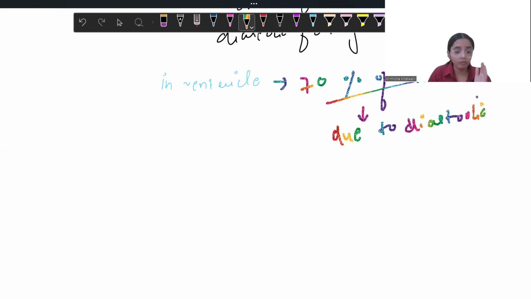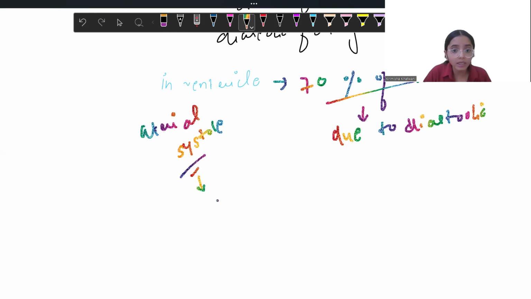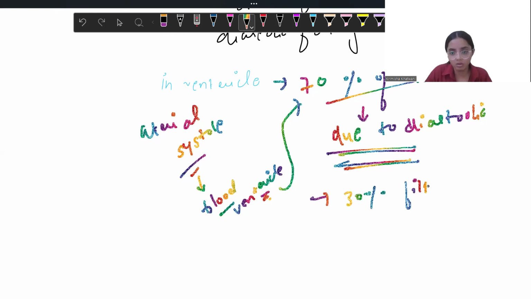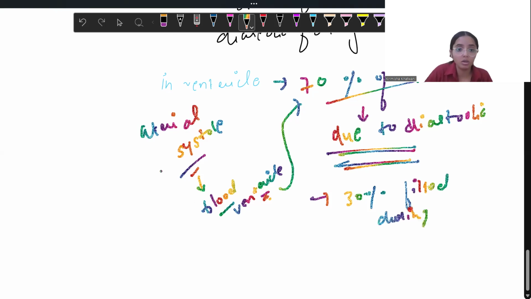That at the end of the atrial systole, whatever the amount of blood that is present in the ventricle, 70% of that blood is due to diastolic filling. Okay, and the rest 30% is filled during atrial systole.